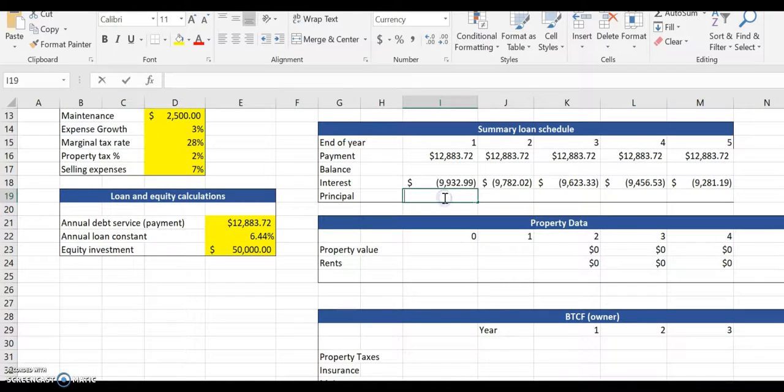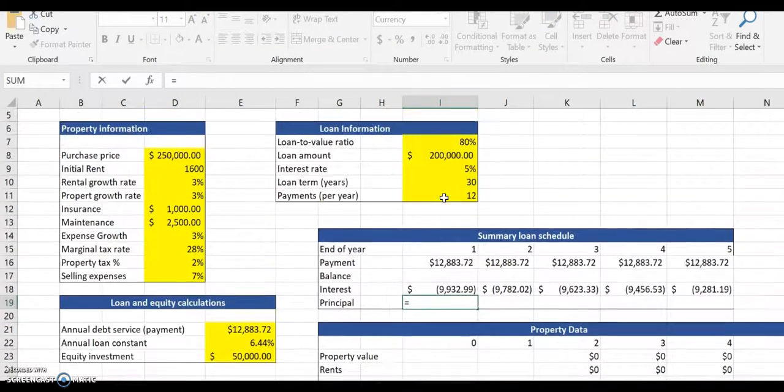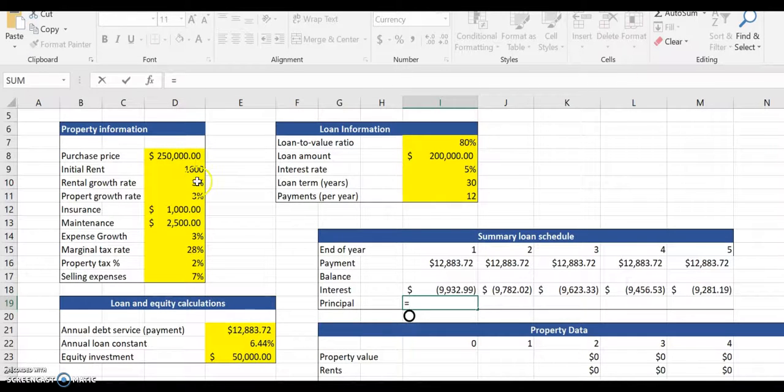Moving on, we're going to go to principal. That is just equal to our payment minus our balance. Okay, we need to redo our principal. I messed that up, so it's our payment minus what we paid in interest, giving us that amount.